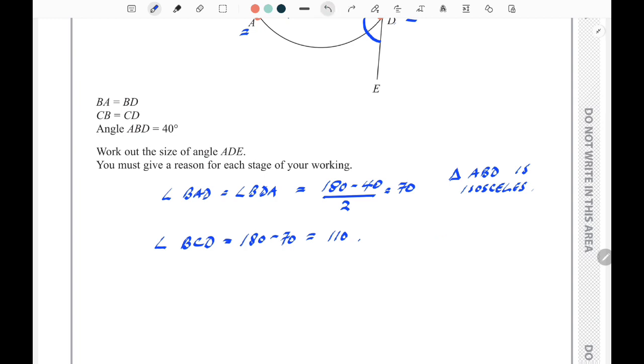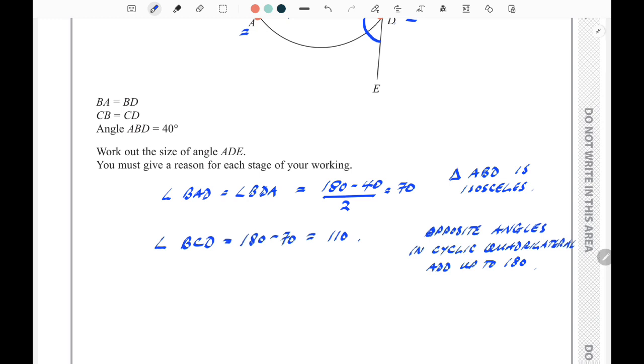You can just say opposite angles in a cyclic quadrilateral add up to 180. All right, so that's your reason, your explanation, as it were.